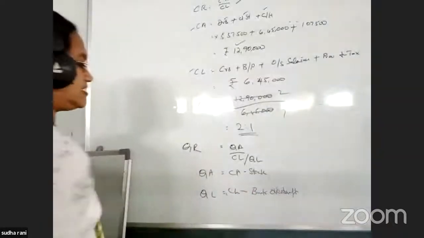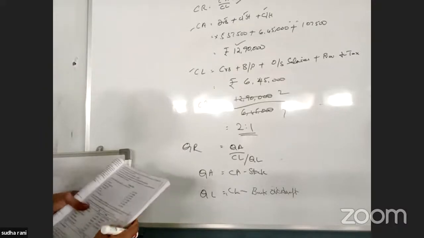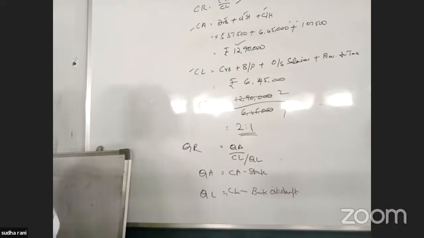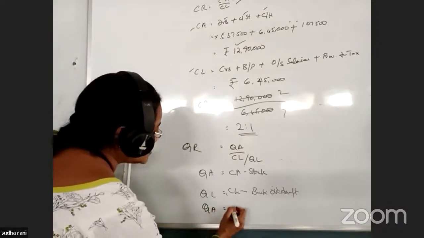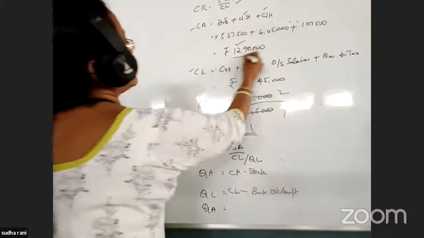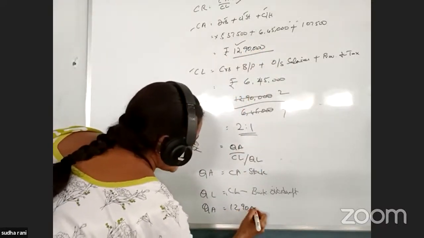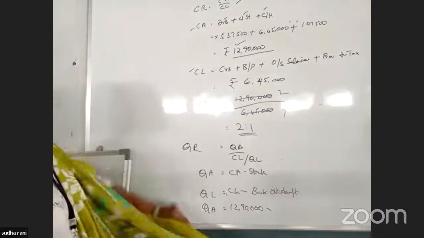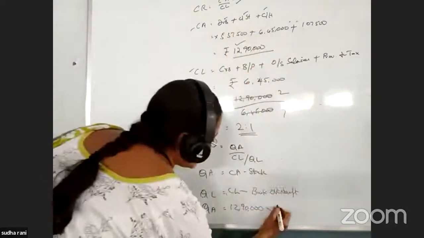So now for us in the question, current assets are there from which we are supposed to subtract the stock. So quick assets equals current assets, which we already calculated here as 12,90,000, minus stock. What is the value of stock? 6,45,000.